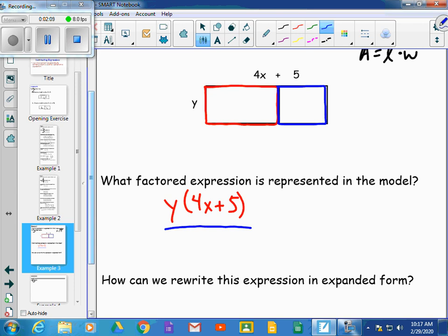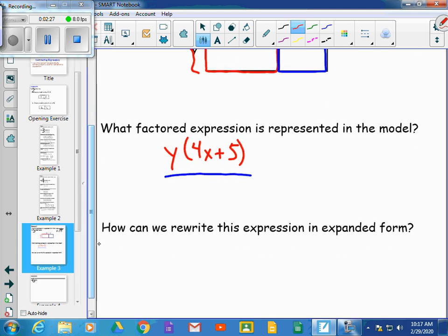But we can also break it apart in just two smaller areas by going the area of the red rectangle as y times 4x, because y is the length of that rectangle, and 4x is the width of that one. So we can say y times 4x.